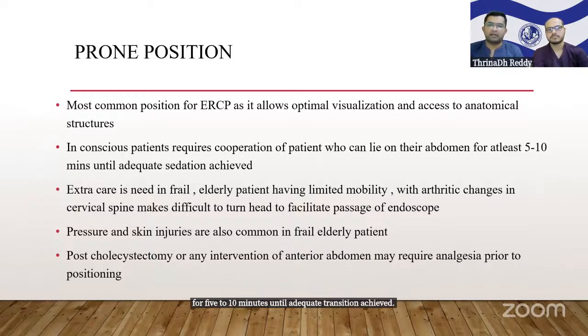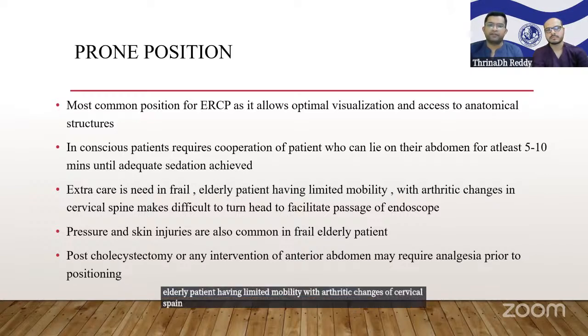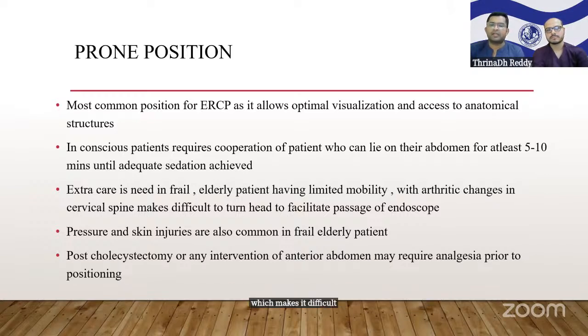Extra care is needed in frail, elderly patient having limited mobility with arthritic changes of cervical spine, which makes it difficult to turn head to facilitate passage of endoscope. Pressure and skin injuries are also common in frail and elderly patient. Post-cholecystectomy or any intervention of anterior abdominal wall may require analgesia prior to positioning.